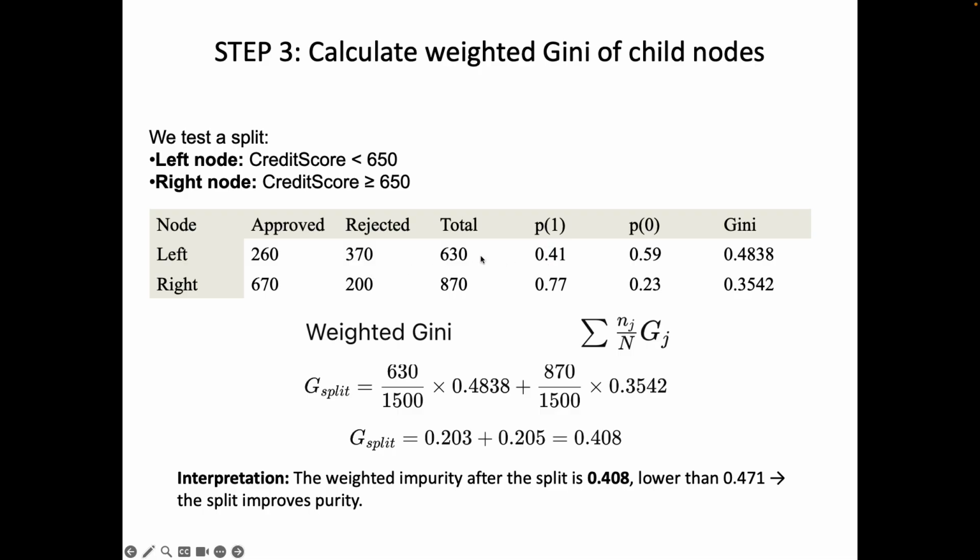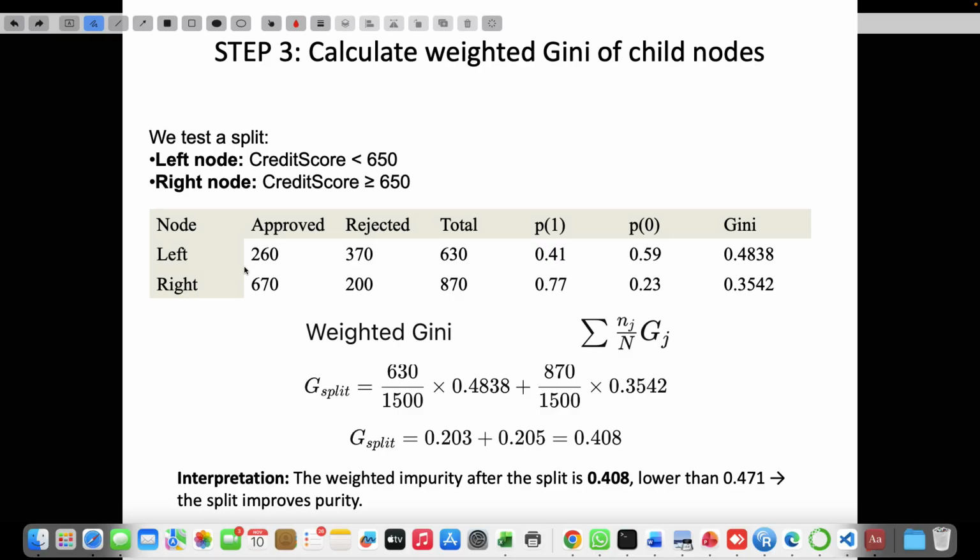So 41% on the left side are approved, and 59% are rejected, which is 370. If I put this into the Gini formula, I can calculate the Gini for the left side. For the right side, 77% are approved and 23% are rejected.